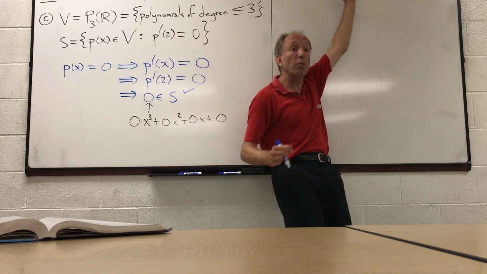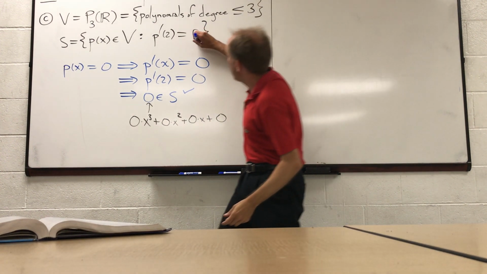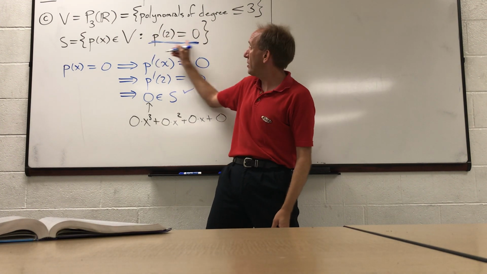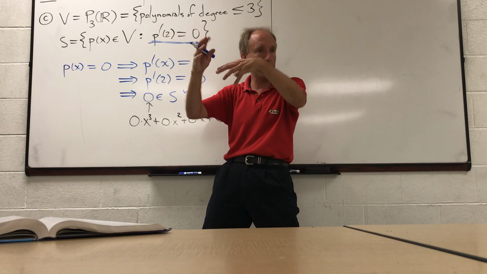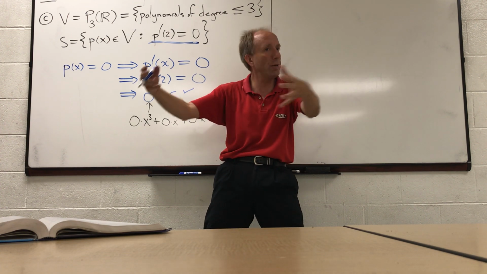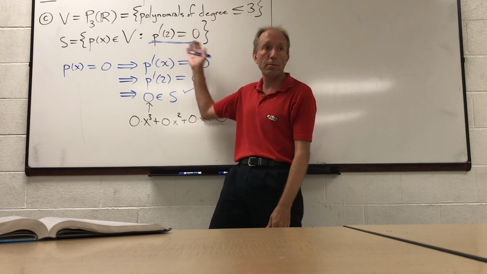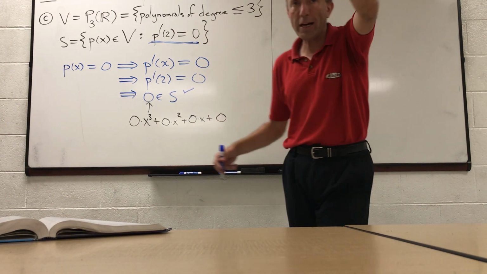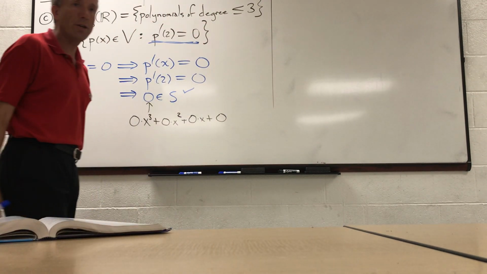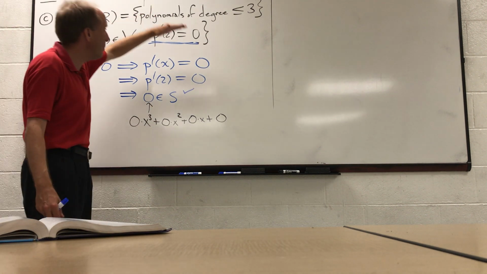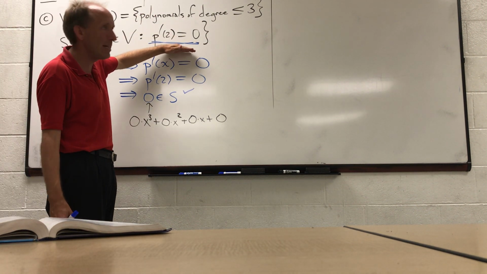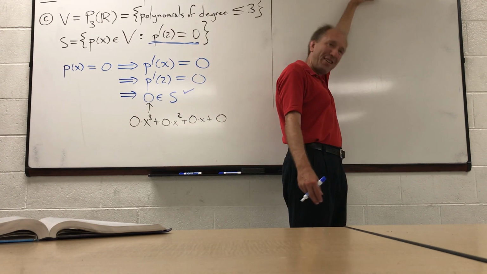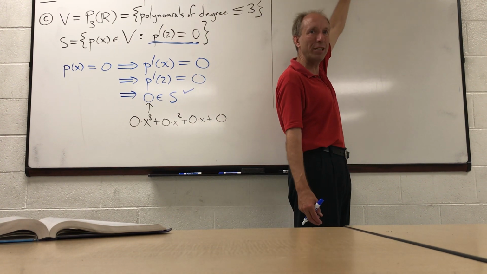The reason that I don't need to do that is because my condition here doesn't do that. If this condition had been expressed somehow in terms of the coefficients of the polynomial, well then I would need to write these out in terms of cubic term, quadratic term, linear term, and constant term. But because of the simple nature of the way this condition was stated, I'm going to be equally terse over here and equally brief over here.